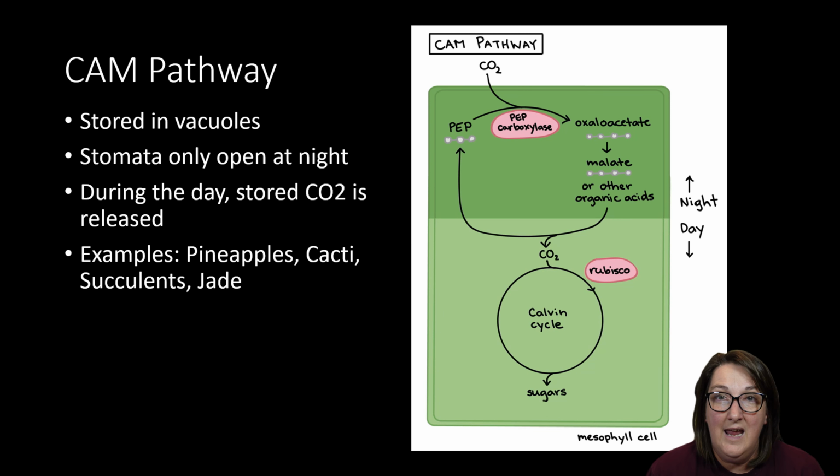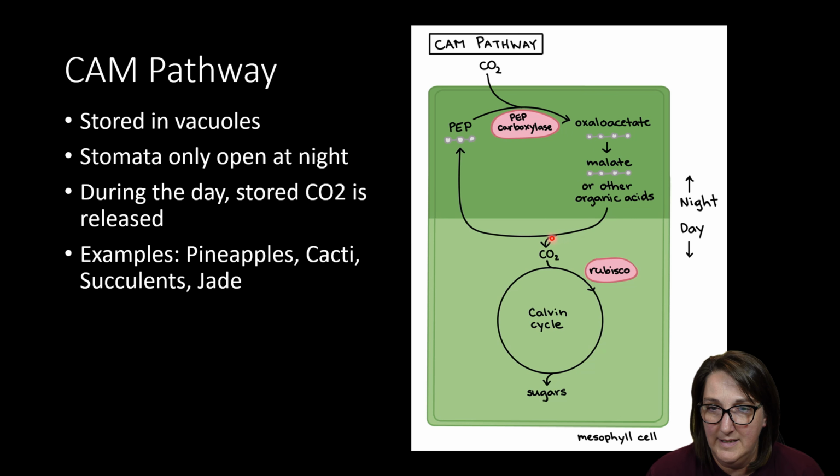Another one is called a CAM pathway. These only open up at night. Stomata only open up at night. But instead of being separate areas, that's actually stored in vacuoles. So you have this, again, the PEP. I have my PEP carboxylase comes in, carbon dioxide fixes, and then it turns into oxaloacetate. I will have malate or some other organic molecule will come in, but this carbon dioxide is tagged or in that little box that it makes.